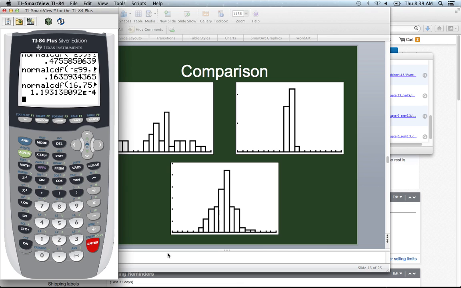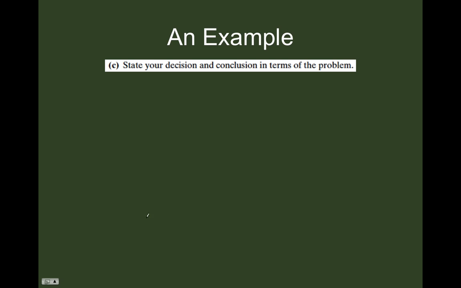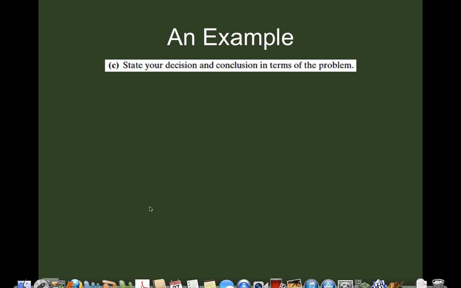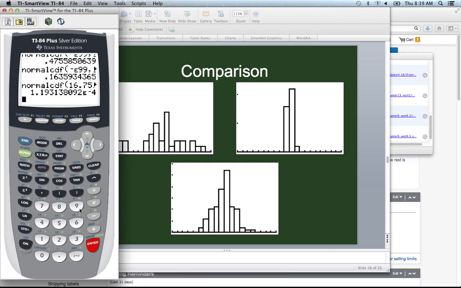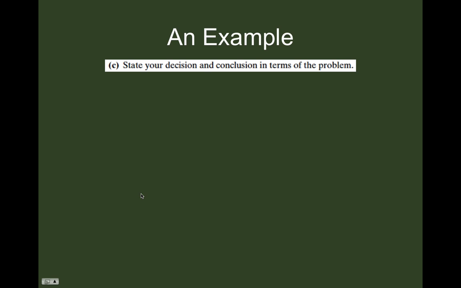For my modified problem, what was that p-value? I forgot already. It was about 0.0001. This is small, implying that our decision should be reject H naught.